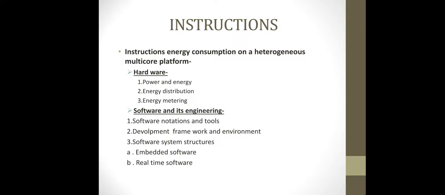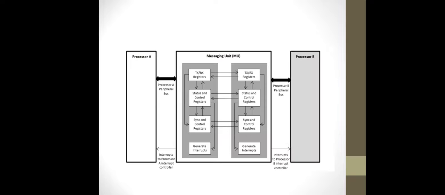Here in software system structures there are two types of software. Number 1, embedded software, and number 2, real-time software. In hardware and software the energy consumption on heterogeneous multi-core platforms plays a major role.